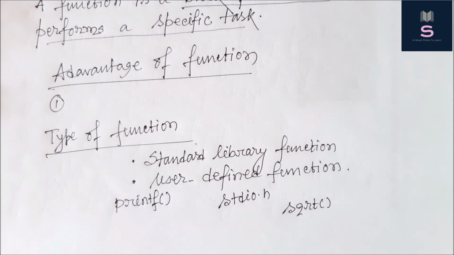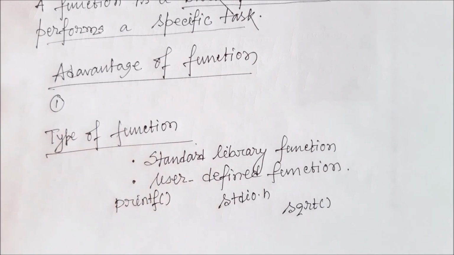For example, if I want to add two numbers using a function, I have to create my own function that will add two integer numbers. Such functions created by the user are known as user defined functions. So, a user defined function means a function that is created by the user.